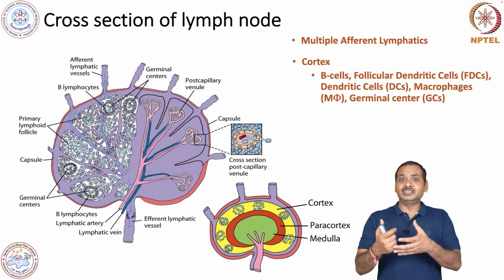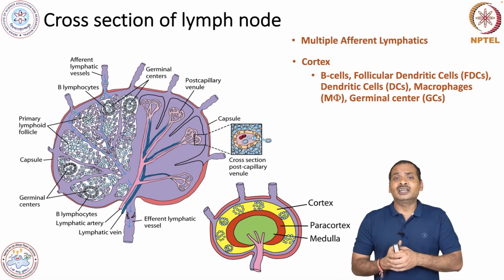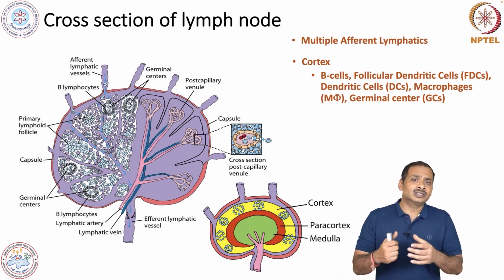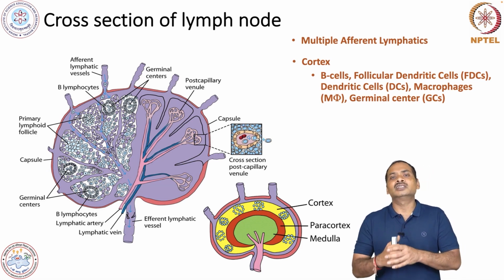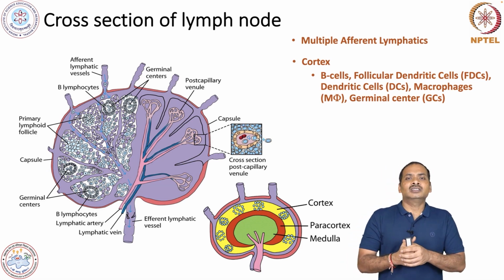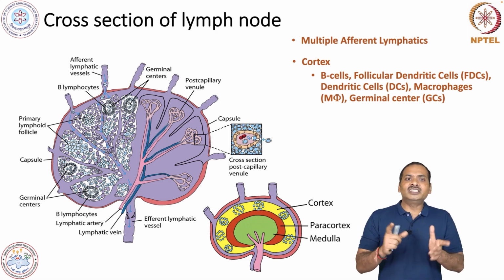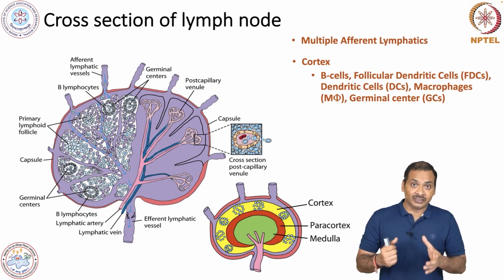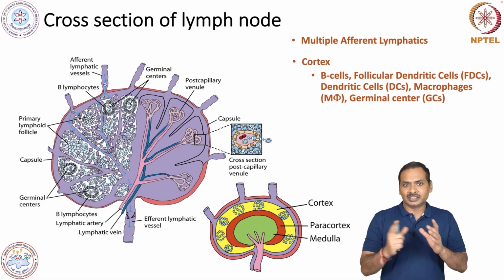They present the antigen to the T cells, and then there is a differentiation of T cells into effector T cells, memory T cells, and so on. So FDCs and DCs are very different. Don't get confused.